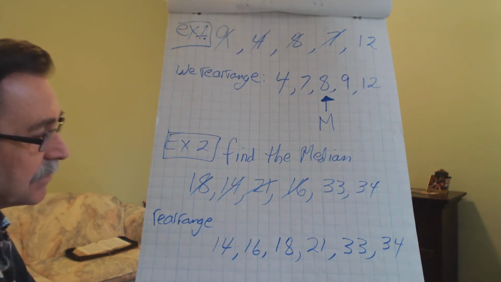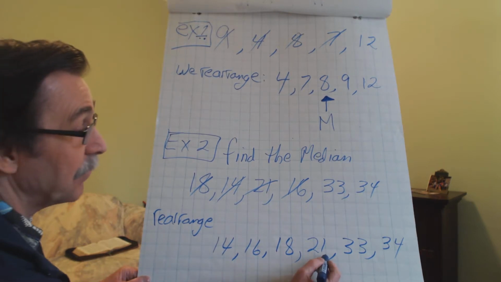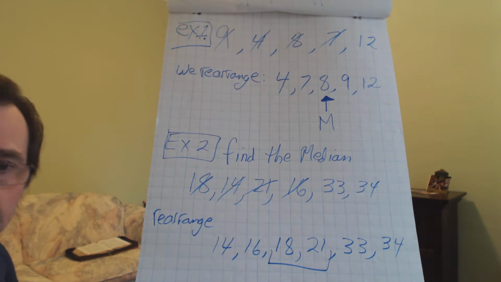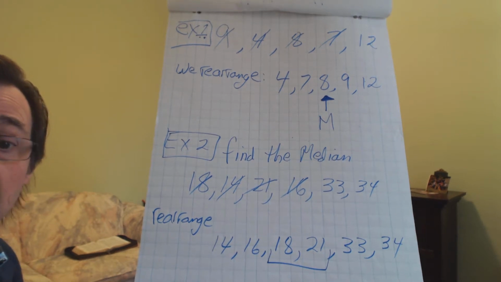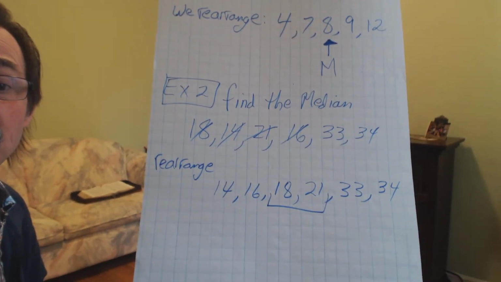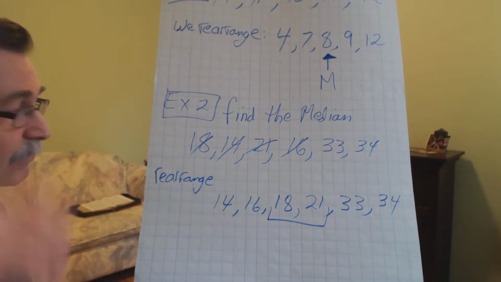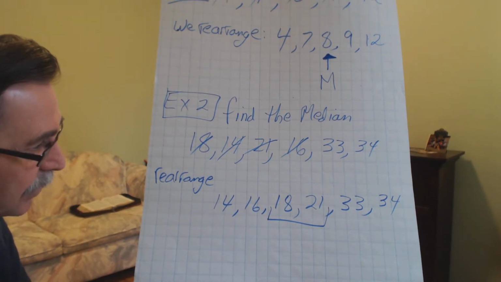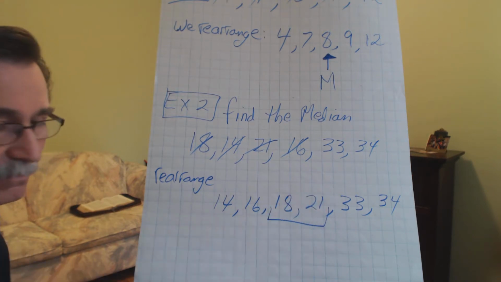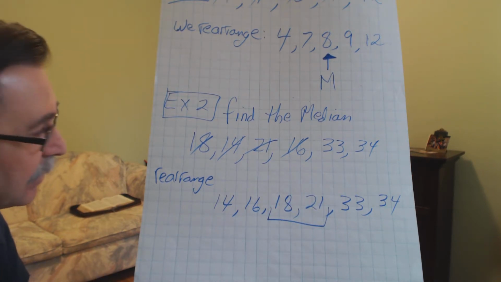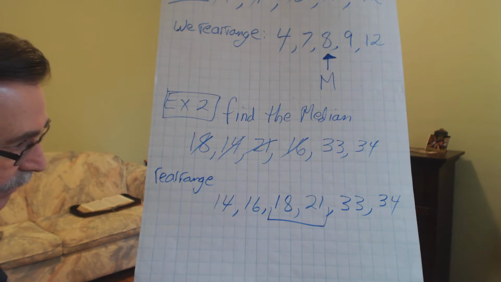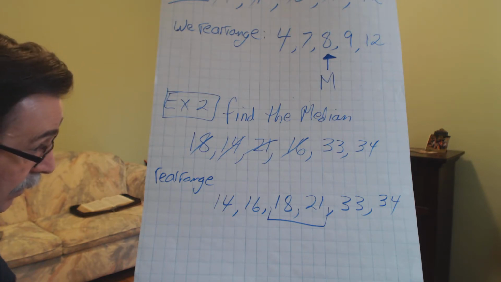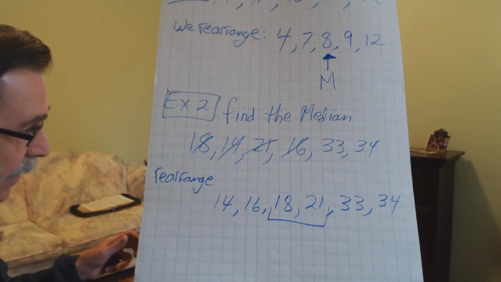And so what we do in this case, because there's an even number, we just take these two guys here, and we take the average of those two guys. Maybe you can see it right off the bat, but I did want to give you a little formula. Halfway between 18 and 21 is 19 and a half, or 19.5. But I want to just show you the formula that allows you to get that answer.